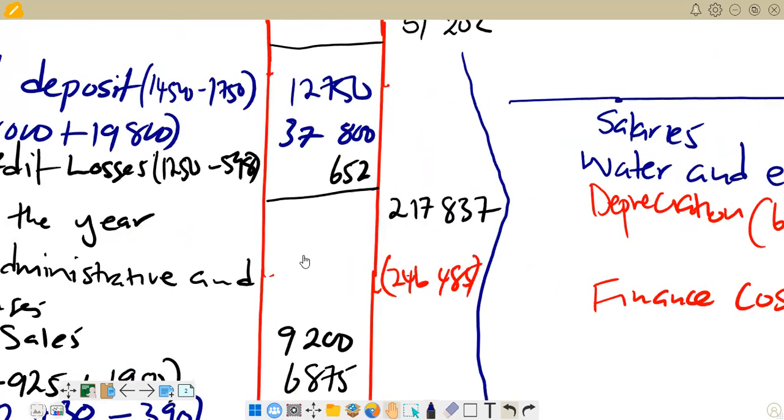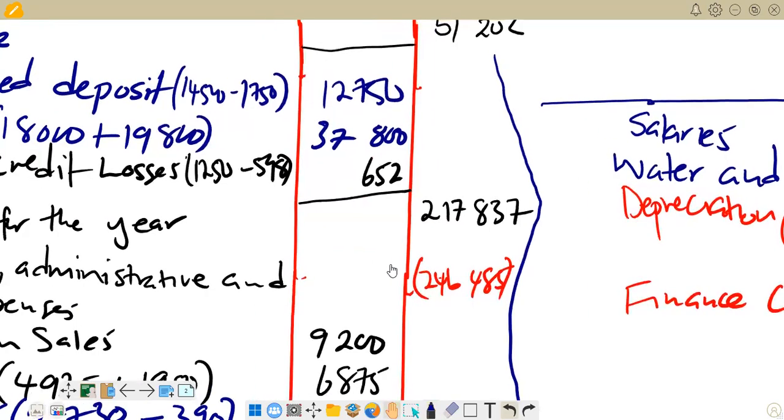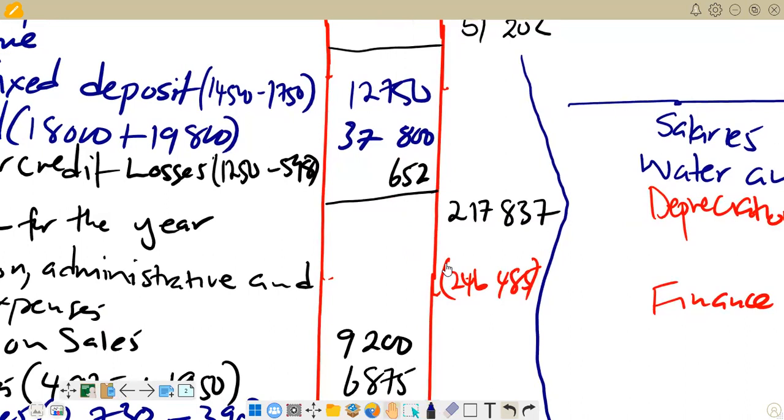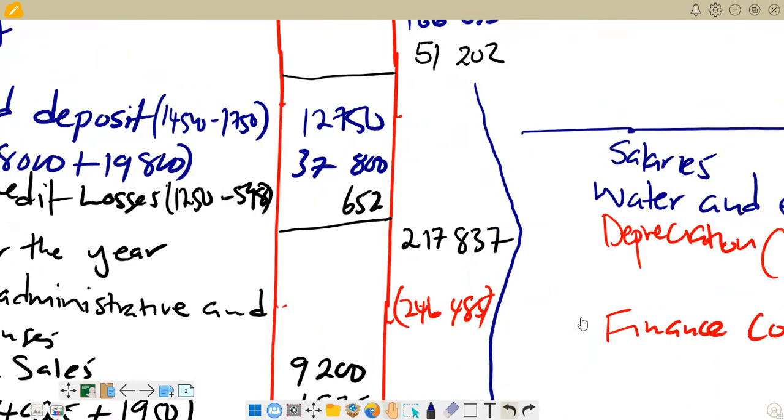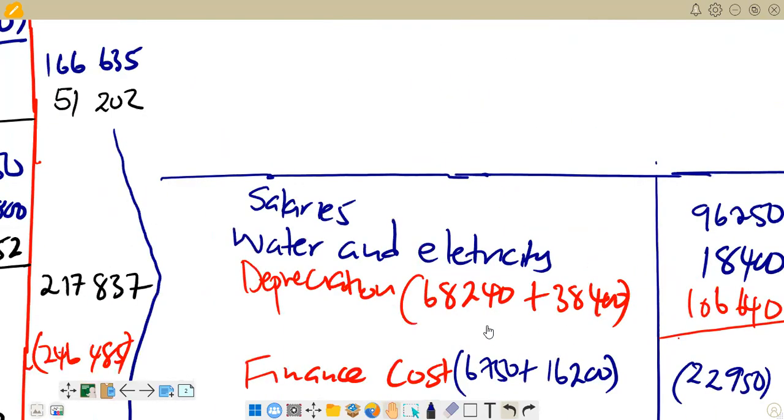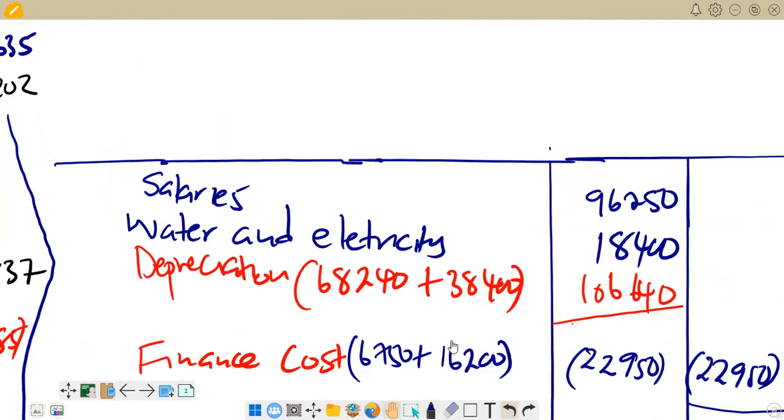We started from top there. We are starting from gross income for the year. So we are starting here 270,837. Subtract 246,485, and then the figure for finance costs, to subtract it again, 22,950.